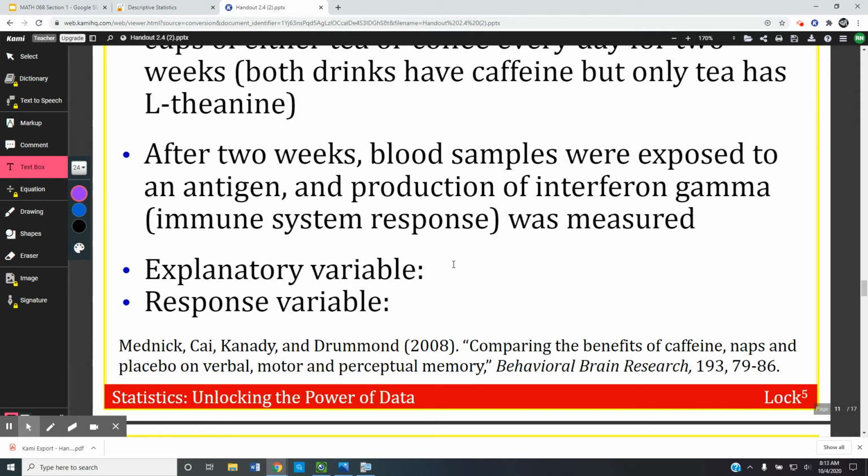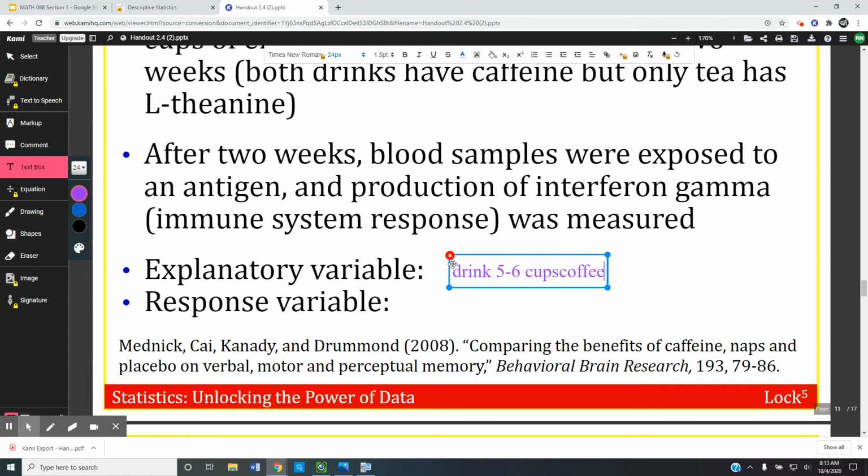Well, it's going to be drinking 5 to 6 cups, type, of either coffee or tea, because remember, we want to have a comparison group. And we'll go coffee slash tea.